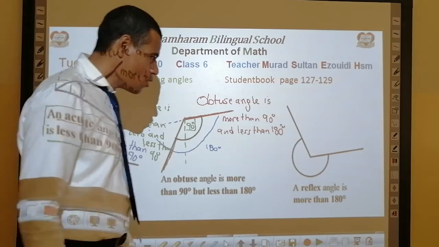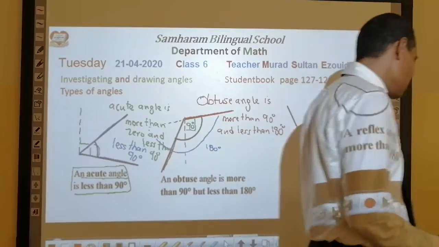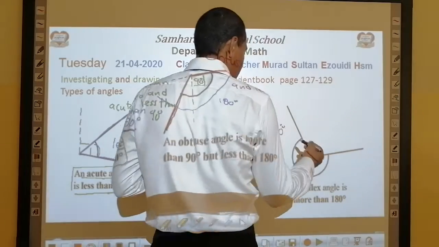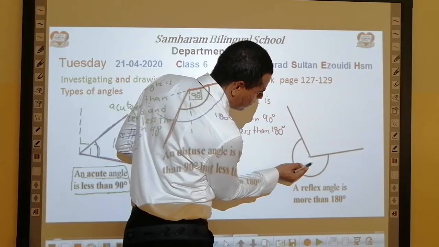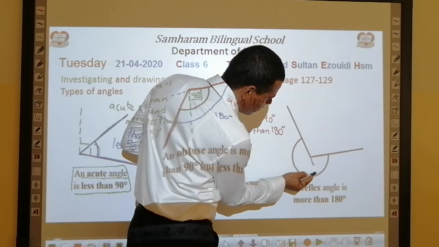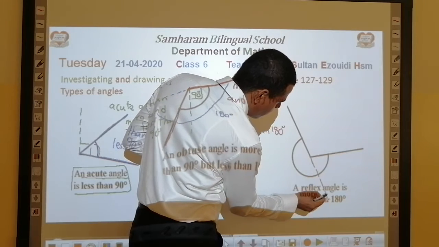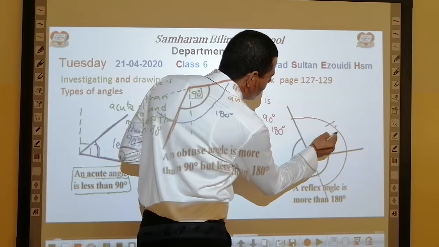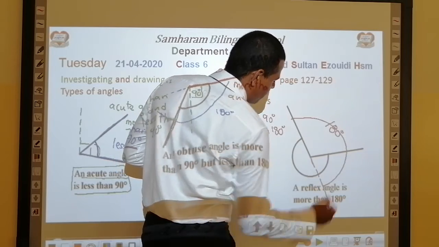Okay. Move to the reflex angle. A reflex angle is an angle that is more than 180 degrees. Okay. Look here, my kids. Look at this diagram. I will extend this line. From this to this is 180 degrees.